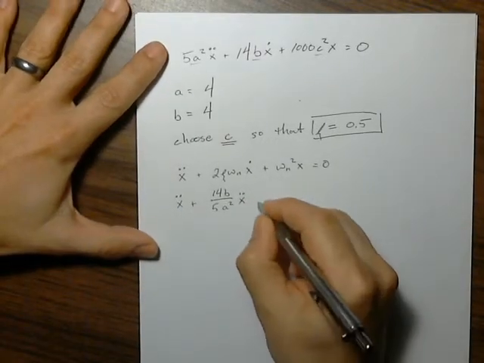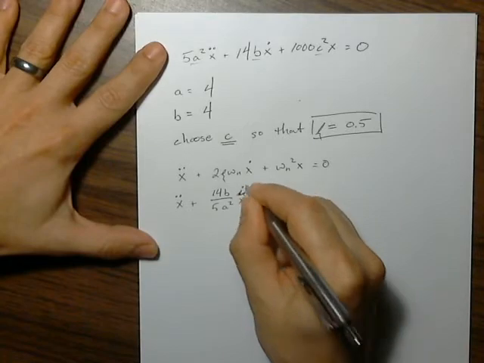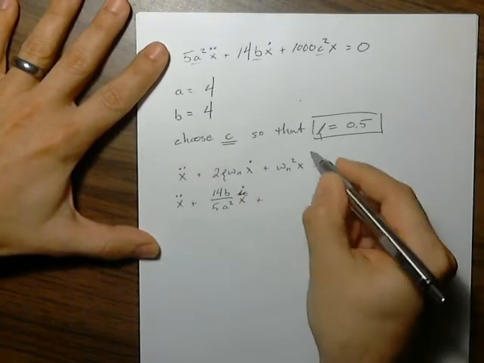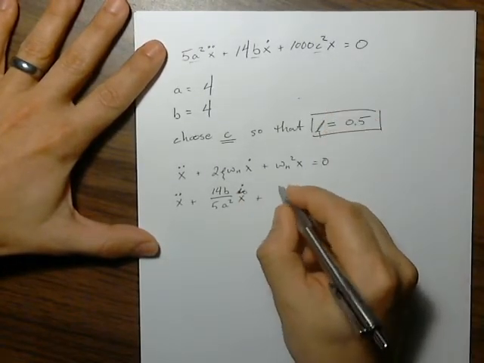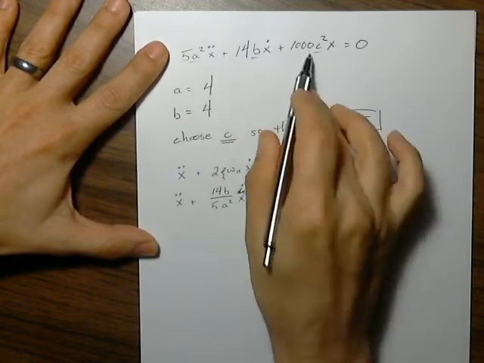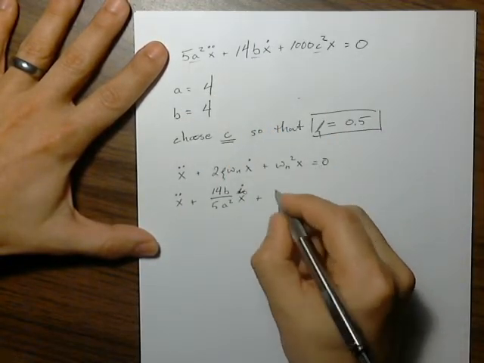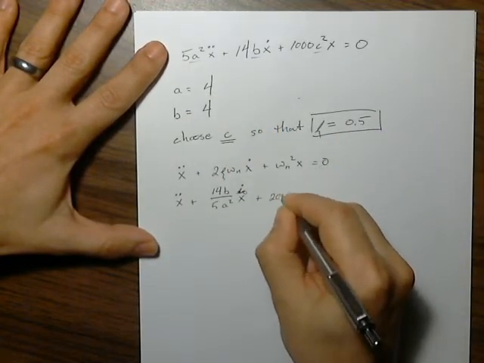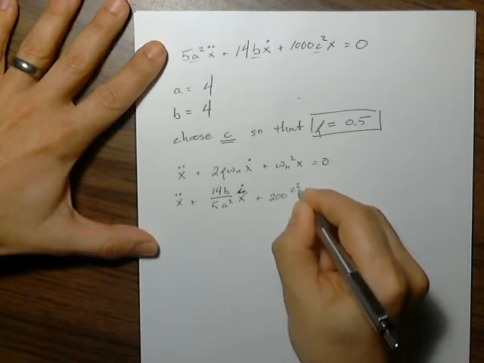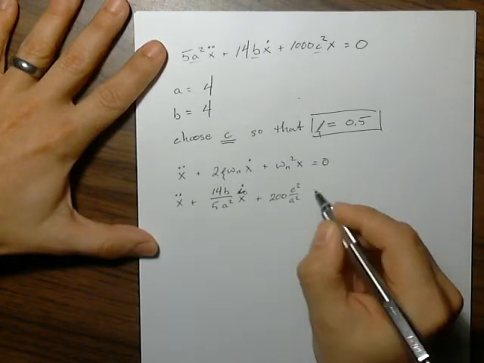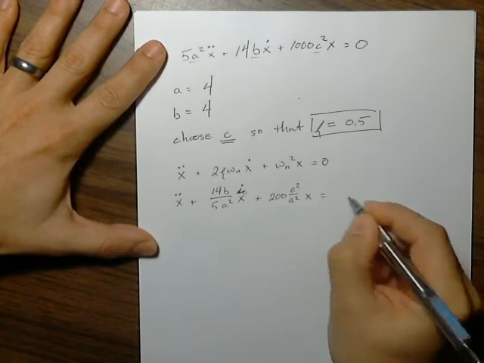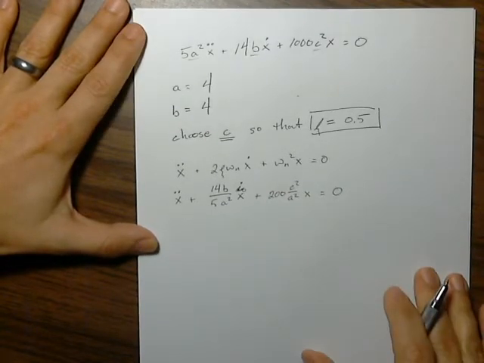That's okay. Oh, that's not a double dot. No, silly. And this is 1000 C. This comes out pretty nice, actually. So that's just 200 C squared divided by A squared. How kind. X is equal to 0. Lovely.